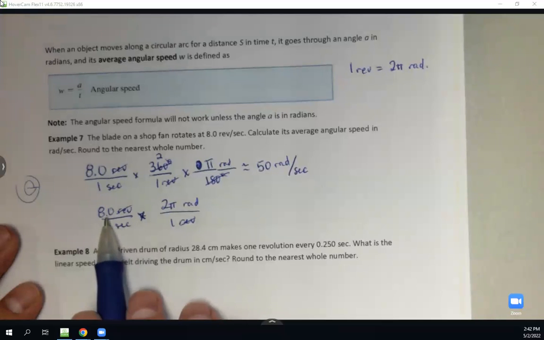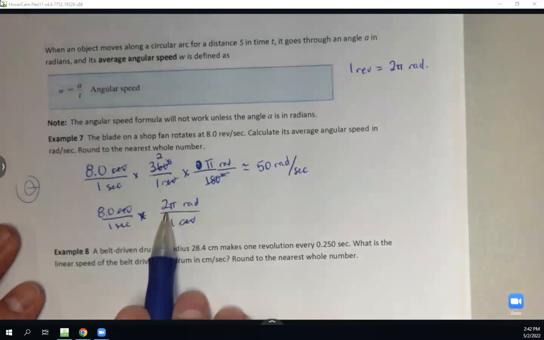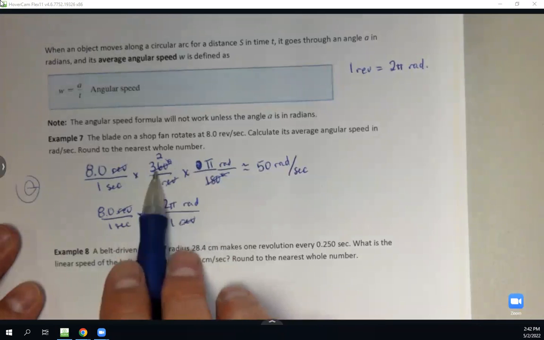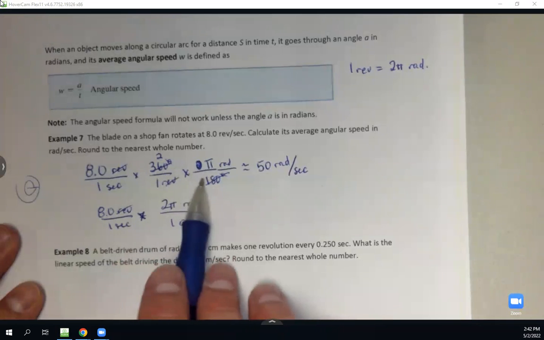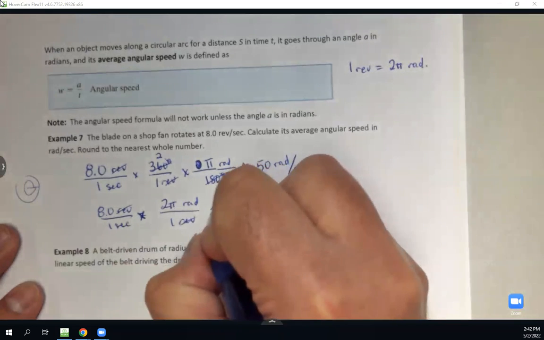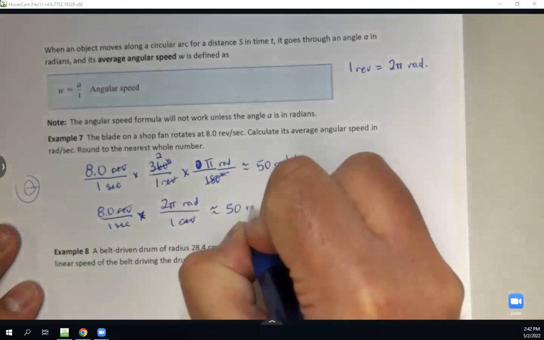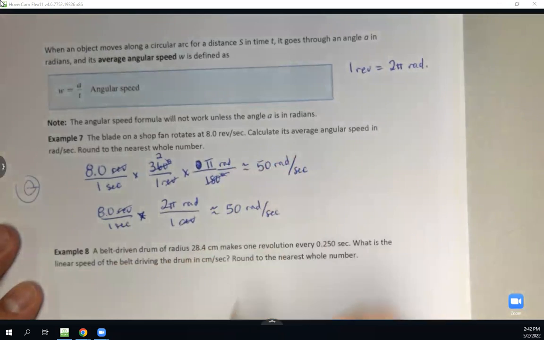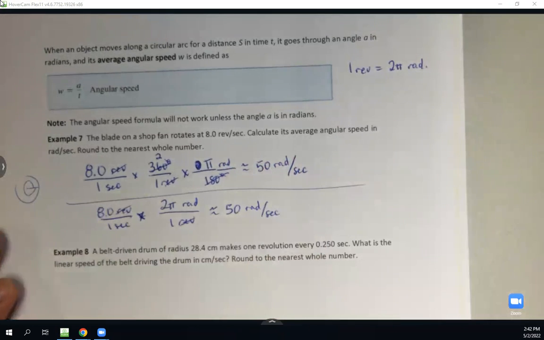I would just be taking 8 times 2 pi, which is really what I ended up doing anyway, because the 180 and the 360 cancel, leaving 2. You with me? So that's still going to give me about 50 radians per second. Piece of cake?